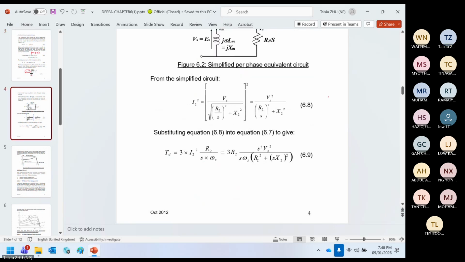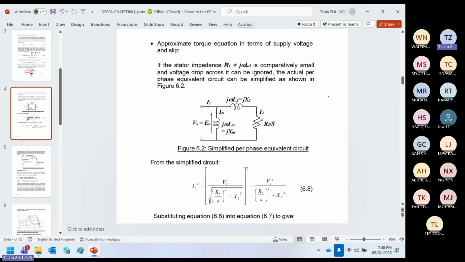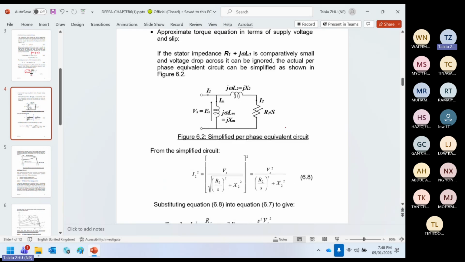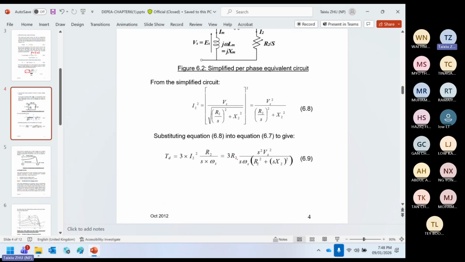Okay, then more so-called derivation. Sometimes, considering some values are small, we can remove something, then eventually you can get the simplified per phase equivalent circuit. Simplified, yeah. From here we can get something more interesting.